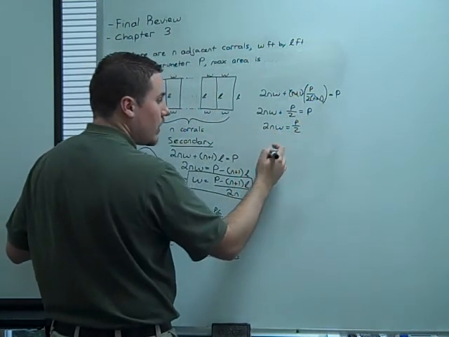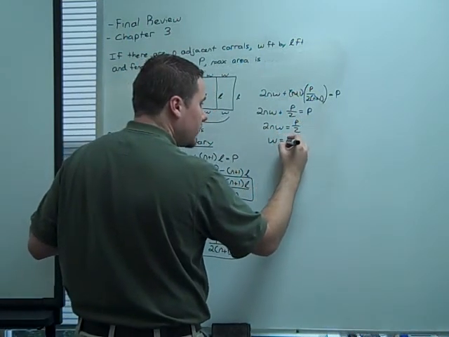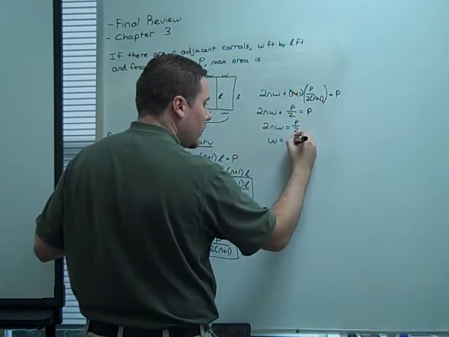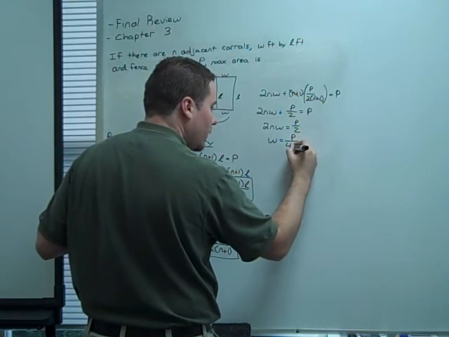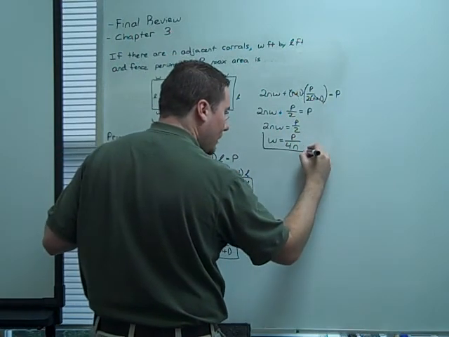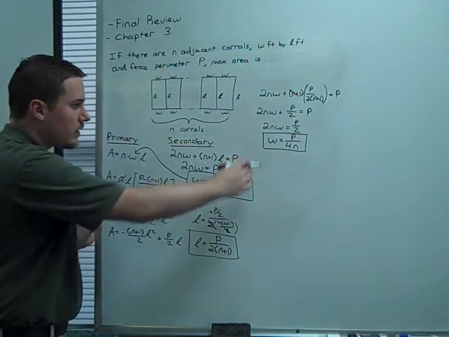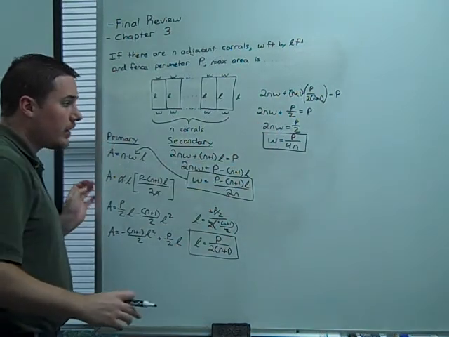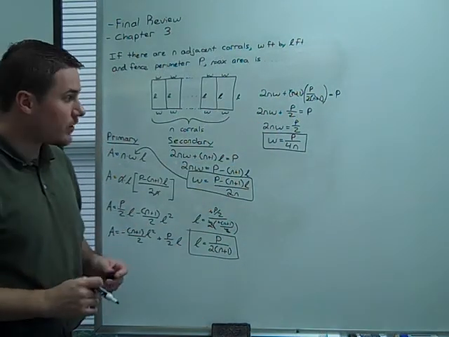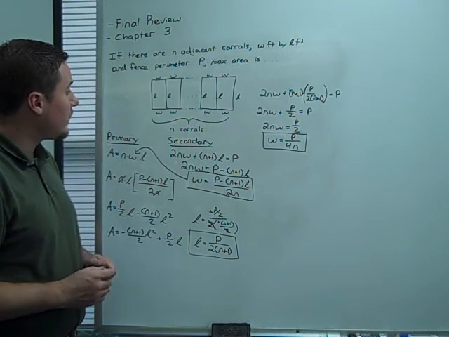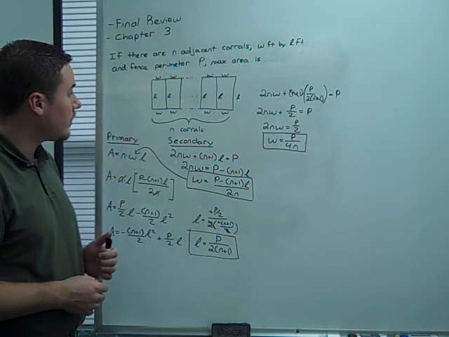Now all I have to do is solve for W. W is equal to P over 2 divided by 2n, which is P over 4n. And L equals P over 2(n plus 1), and W equals P over 4n. This will solve any corral problem that you might come across in the notes or in the book.